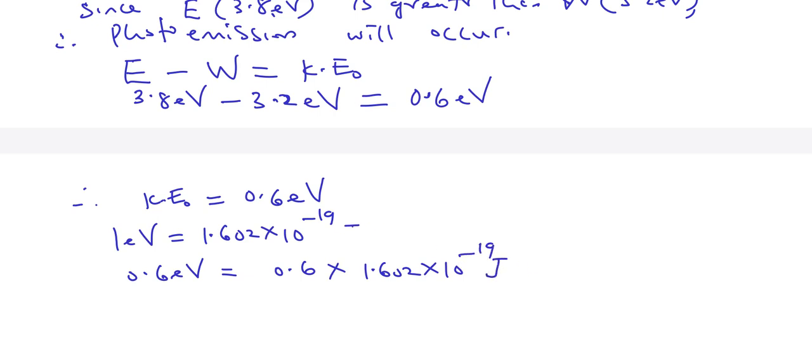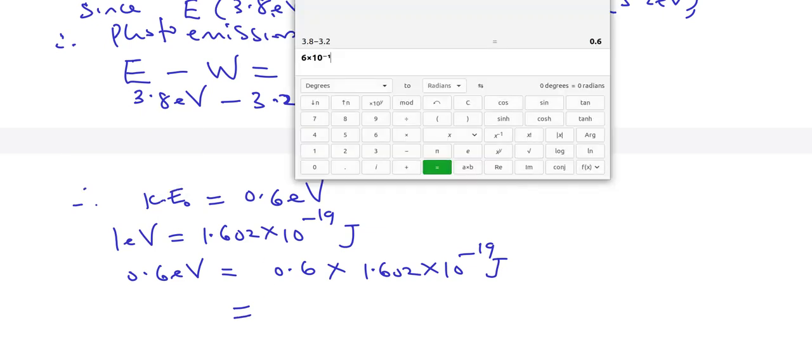So what will be the answer? 0.6 multiplied by 1.602 times 10 to the minus 19. In that case, we obtain 9.612 times 10 to the minus 20.